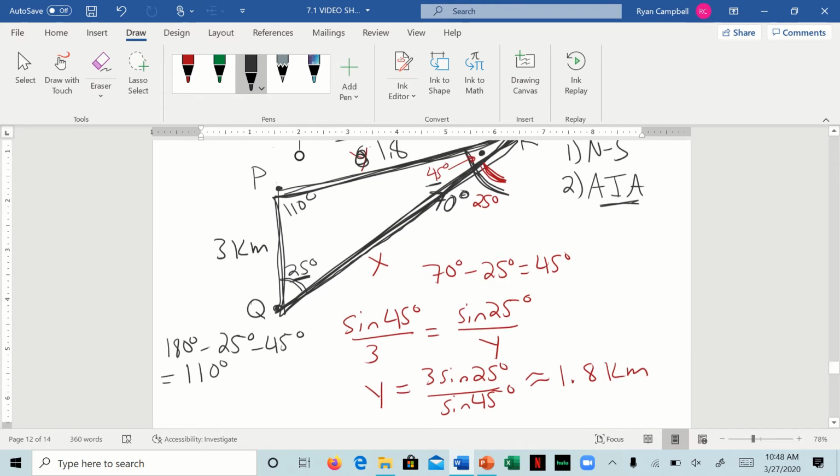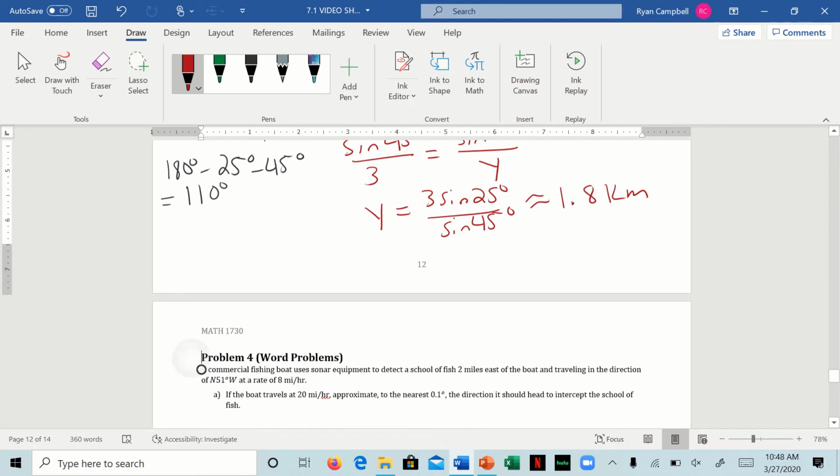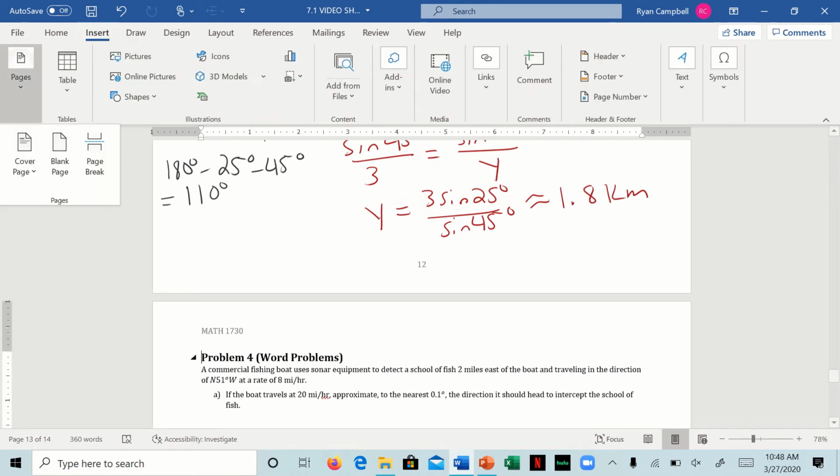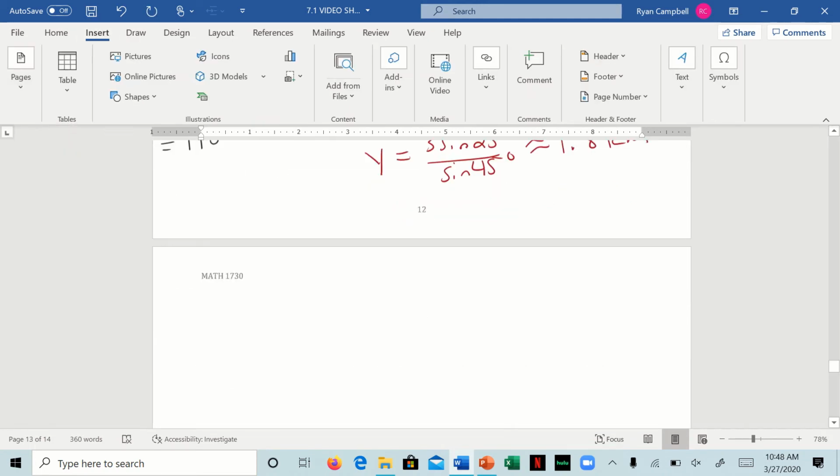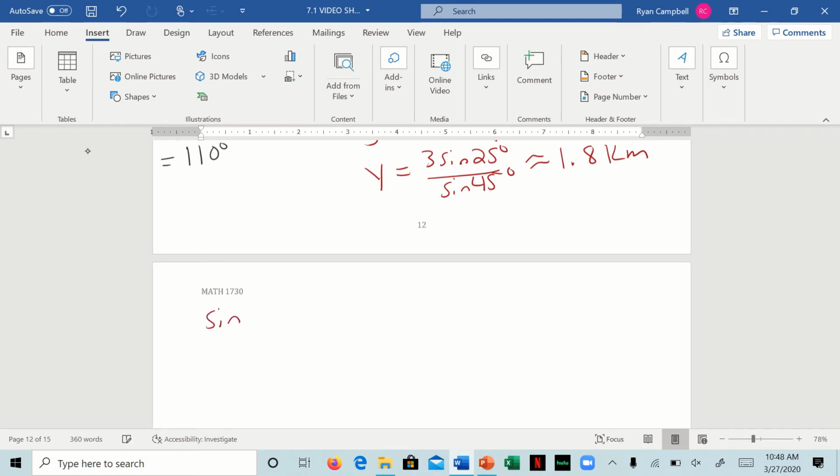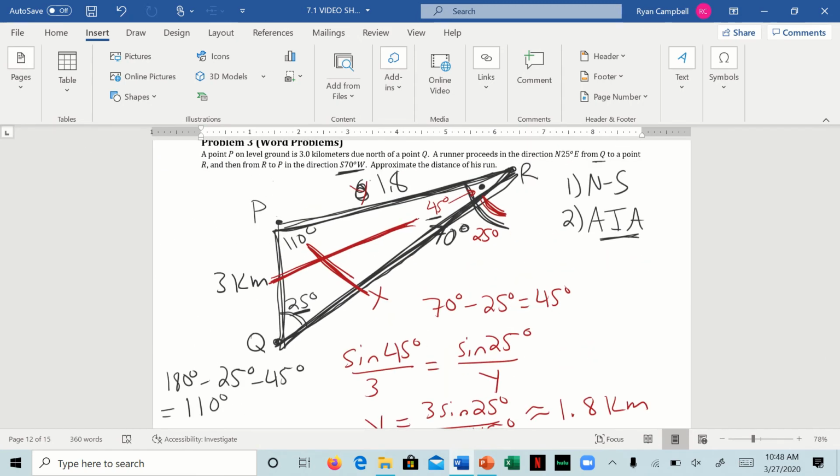And now we can do exactly the same thing we did. That's going to be law of sines. So using the same method that we just did, we can have sine of 45 degrees over 3, since 45 is across from the 3, equals sine of 110 over x.